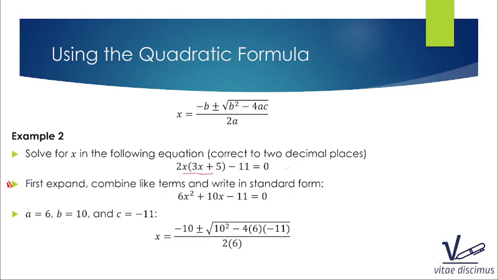When you expand it, you get 6x squared plus 10x minus 11 equals 0. Now it's in standard form. Your a is 6, your b is plus 10, and your c is minus 11.